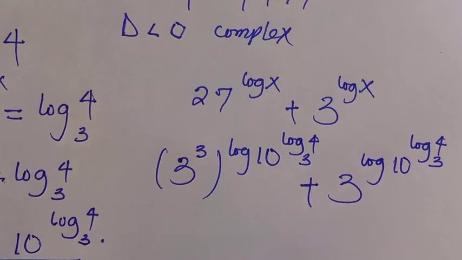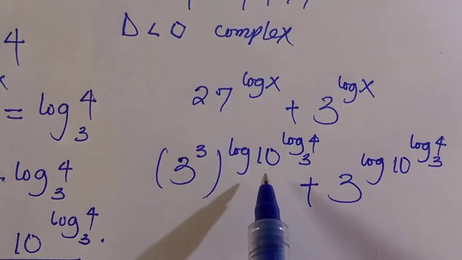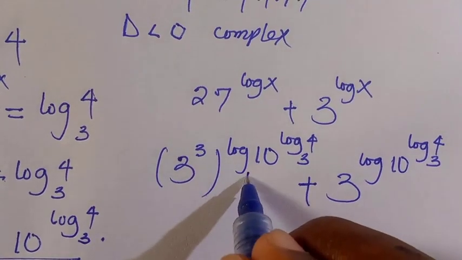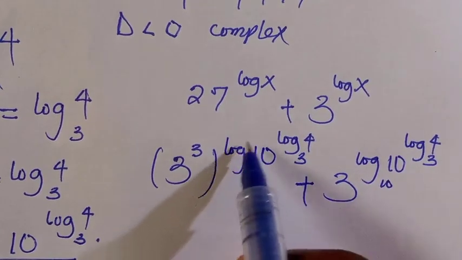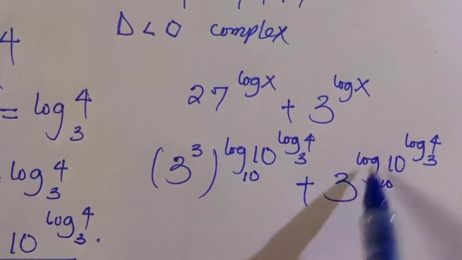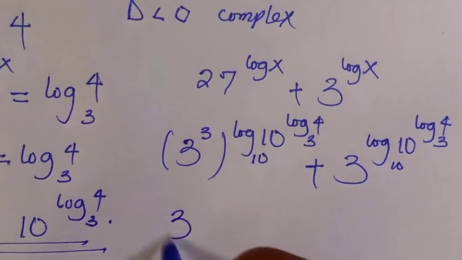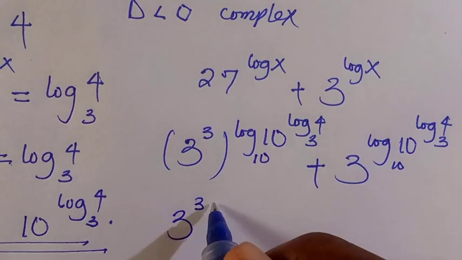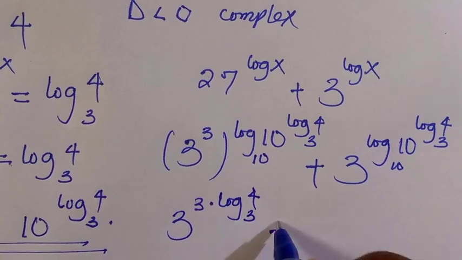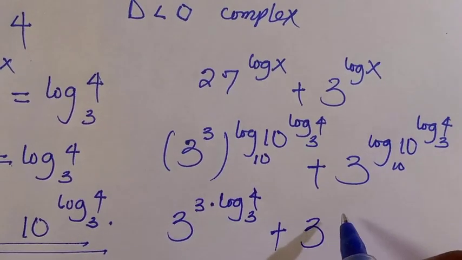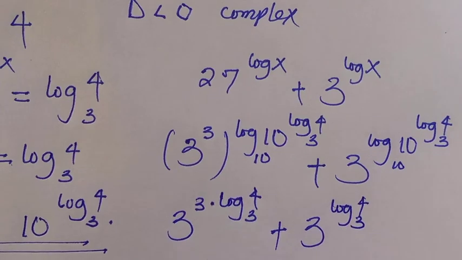By default this is also in base 10, so the logarithm of the same base equals 1. So this equals 1, and this log 4 base 3 will come down. Here we have 3 to the power of 3 times log 4 base 3, plus 3 to the power of log 4 base 3.